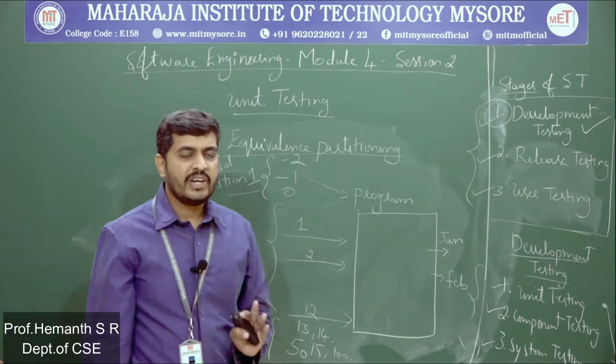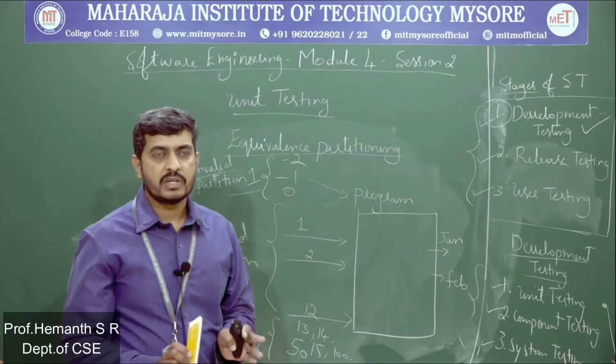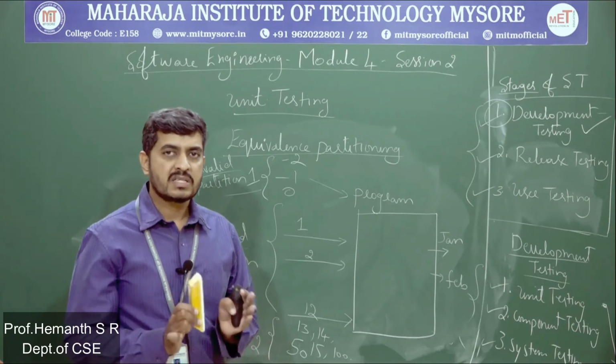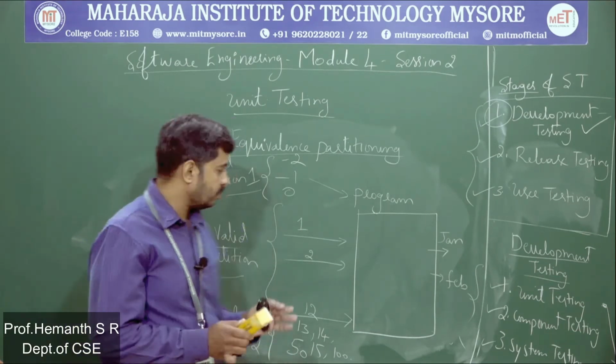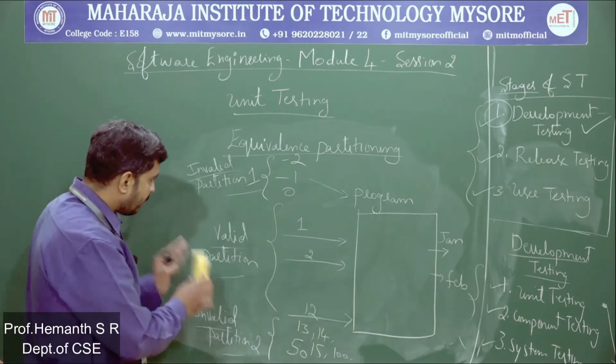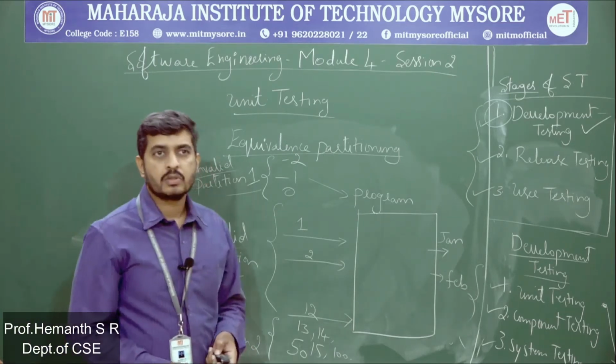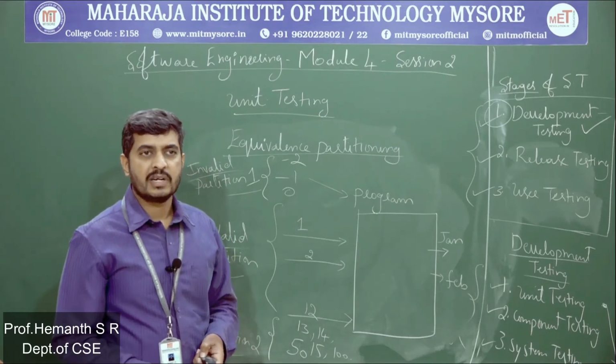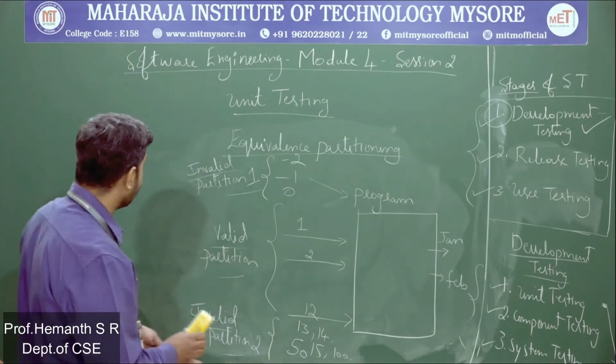So what we do here is we classify the input range into valid and invalid. Also we represent it graphically. I'll just illustrate it here.